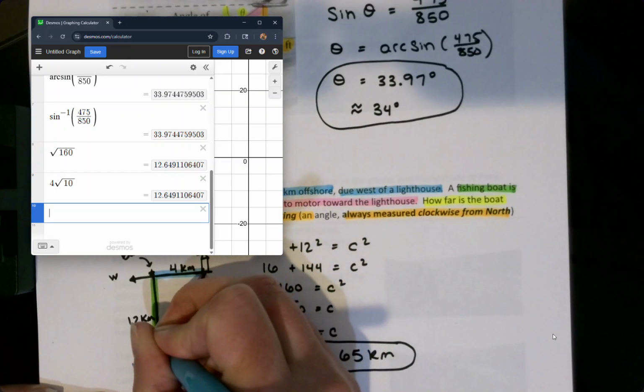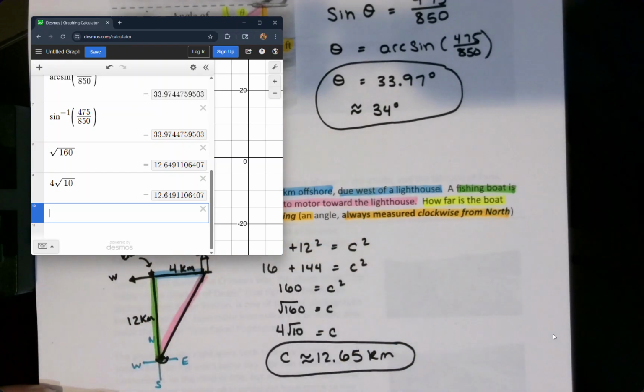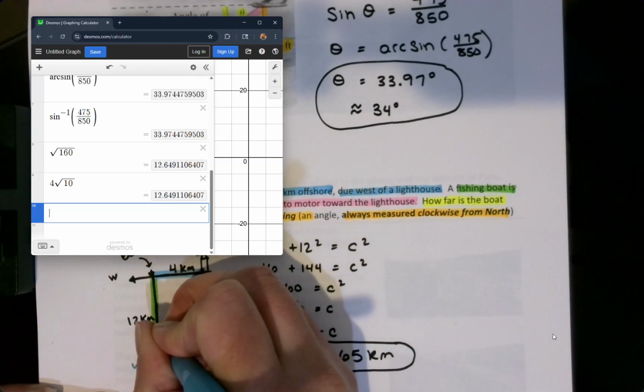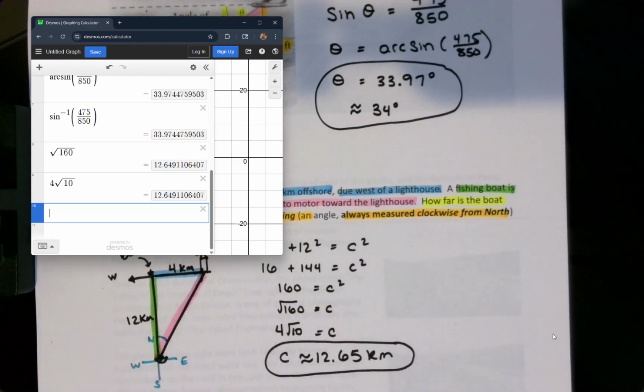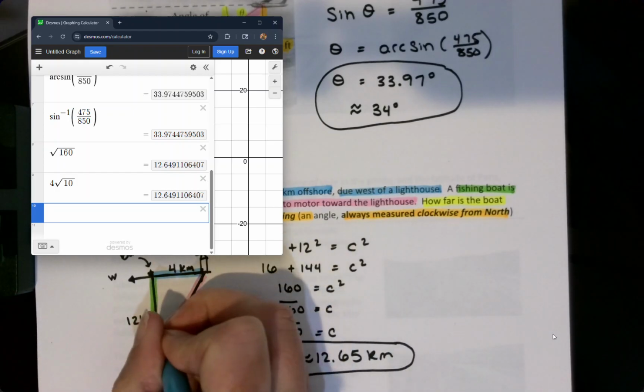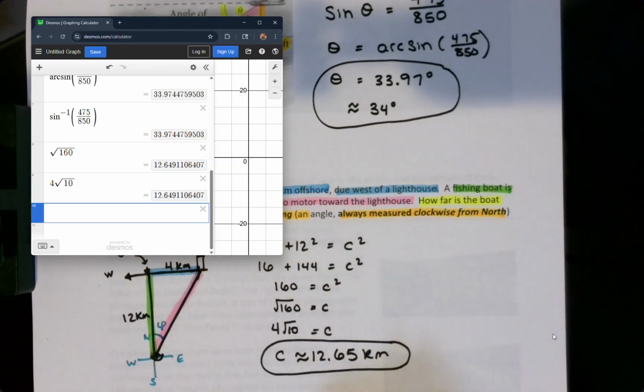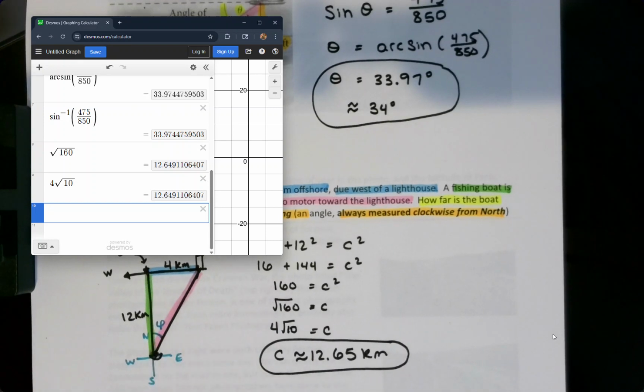So from north, clockwise from north, would be this angle right here. So I am looking for this angle inside of the triangle in this context to find bearing. So let me call this angle, I'm just going to call it phi. I can pick whatever Greek letter I want, and I'm going to find that angle.